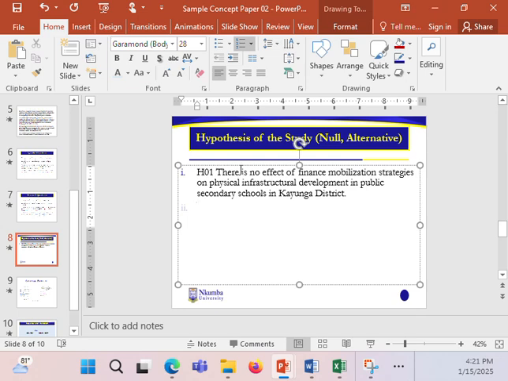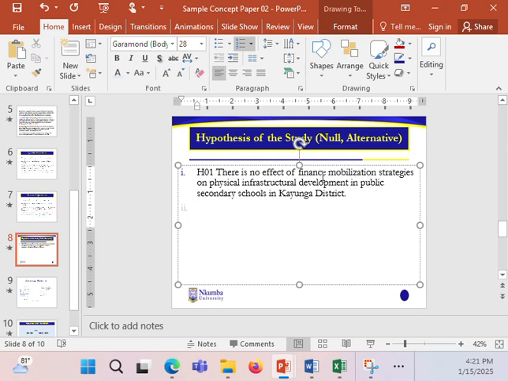But when you go to the field, collect data, test that data and find that the relationship is there, then that's where we state the alternative hypothesis. So the researcher will reject this null and state the alternative and say there is an effect of finance management strategies on that, and say whether it is a positive effect or negative.